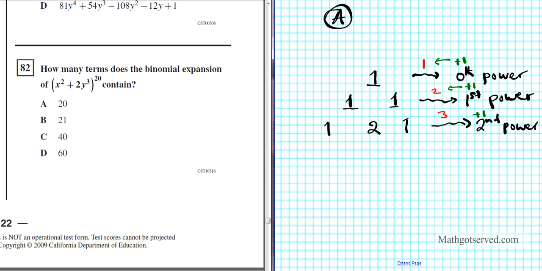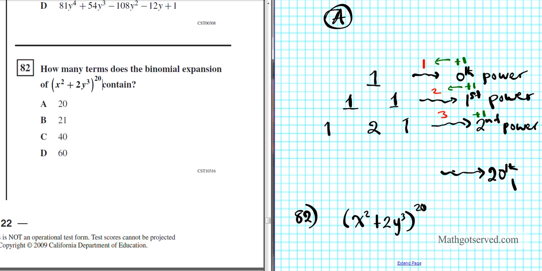So how about the 20th power? Because this one, the power here is 20, right? We're looking at the 20th power because for 82, we're raising x squared plus 2y to the third to the 20th power. Alright? So if we're doing that, the 20th power is going to have how many terms?